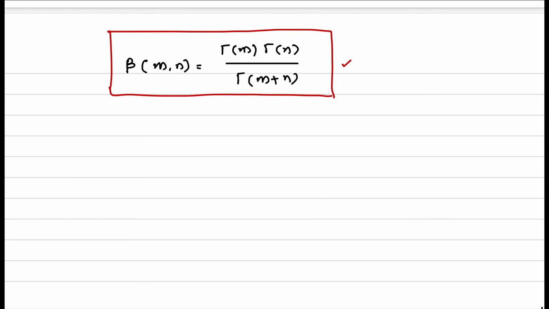In the next class, we will not take up the proofs here as I told you earlier. Please remember this formula. From this, what we get is beta m, and let n be m minus 1. What will it be?